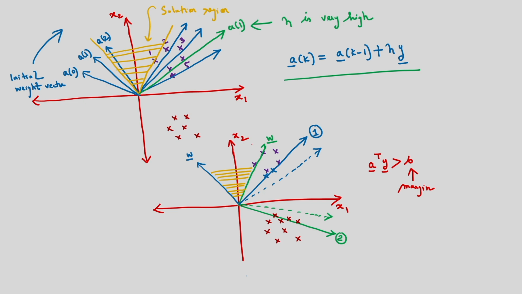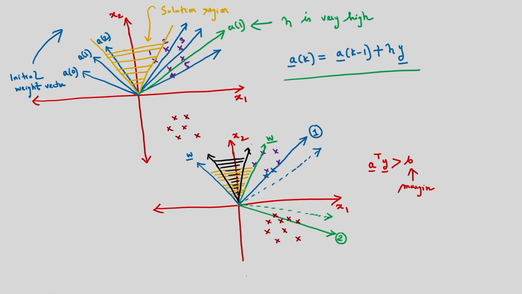That means I am restricting the solution region within the main sub-regions. I can show the solution region now. Considering this, my solution region may be here now. So this is my new solution region, that is within the main solution region.